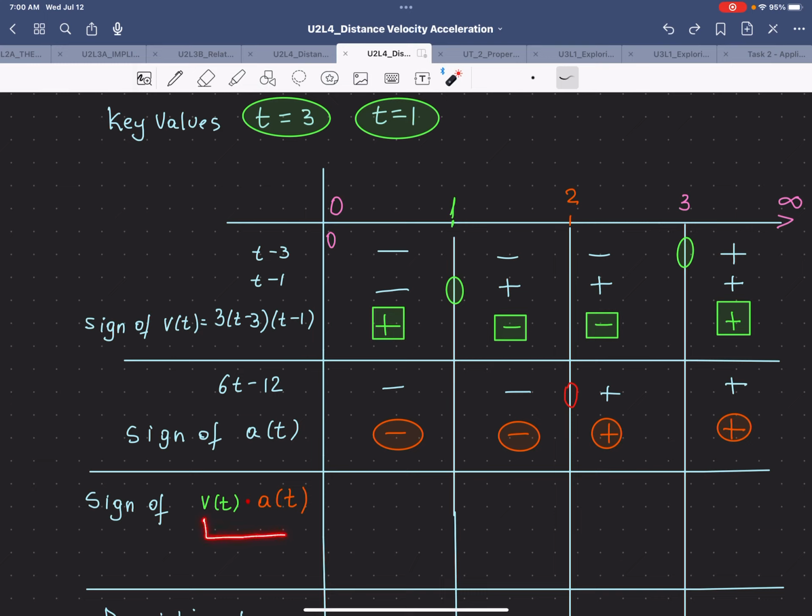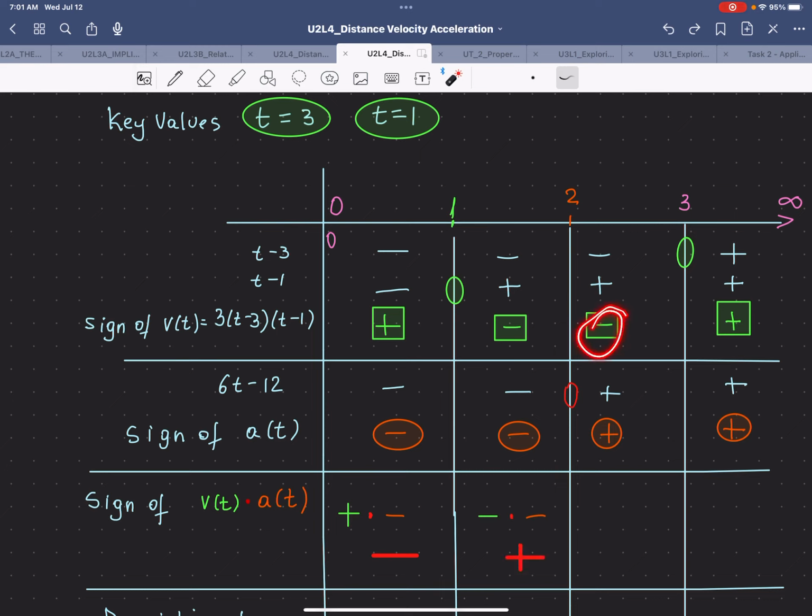So now, in order to study the sign of the product V(t)·A(t), we need to marry these signs together. So notice V(t) is all in green now and A(t) is all in orange. And if you multiply a plus with a minus, then we get a minus. Multiply a minus with a minus, we get a plus.